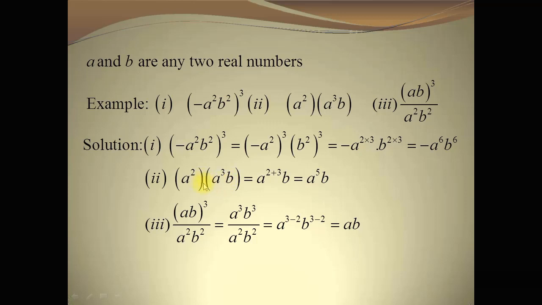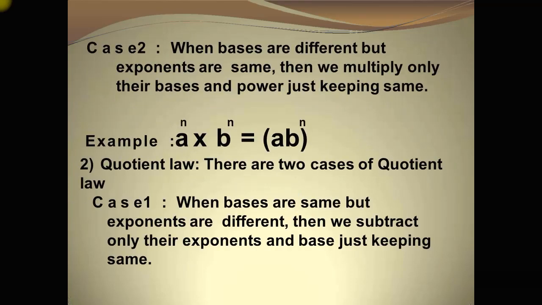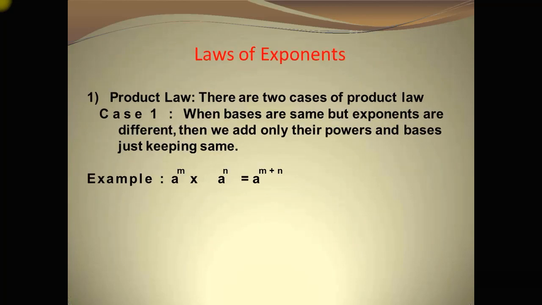Since in this example the bases a square and a cube are same and the powers are different, by the product law, when the bases are same and exponents are different, as I told you in the previous slide, we add the exponents and keep the base the same.